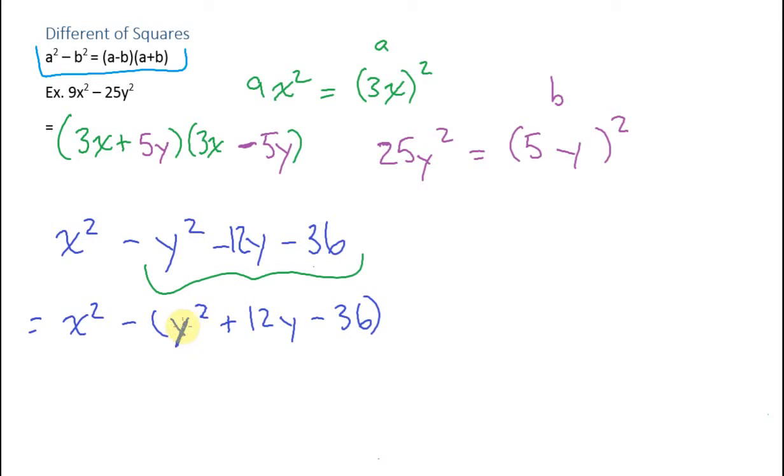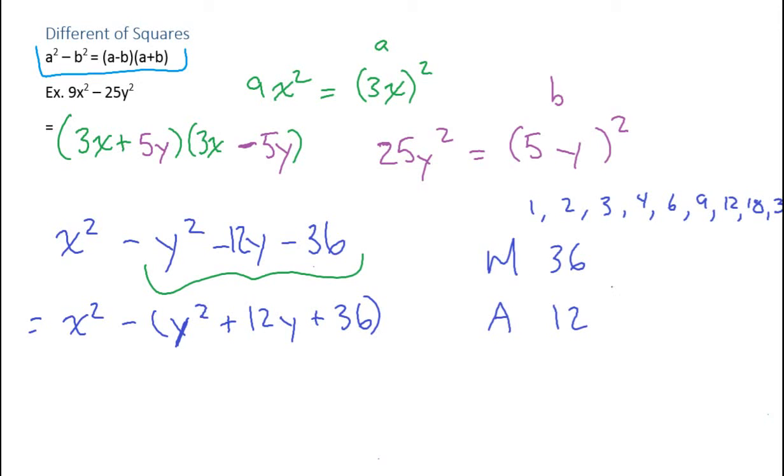Now, following the man rule, we need something that multiplies to 36 and adds to 12. There are so many things that multiply to 36. When you have so many choices, it's often a good idea to write them out.